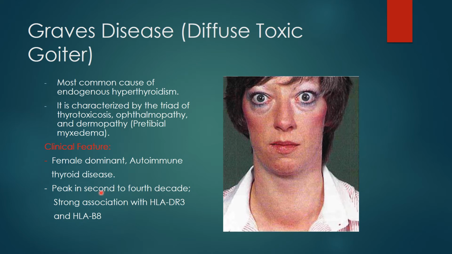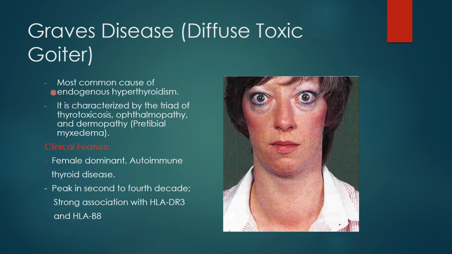It is an autoimmune thyroid disease, and it occurs within 20 to 40 years of age, that is in the second to fourth decade. It is strongly associated with human leukocyte antigen HLA-DR3 and HLA-B8, which is a genetic disorder. Okay.